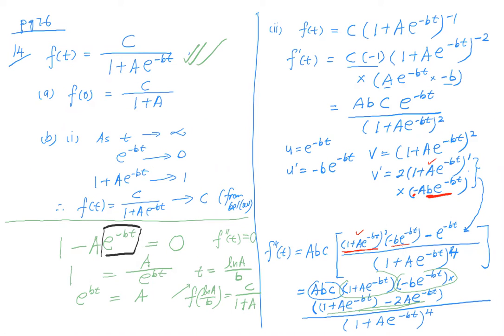Wait. e to the power of bt is equal to a. So one over e to the power of bt will be equal to what? 1 over a. Yeah, 1 over a. So I replace with 1 over a here.